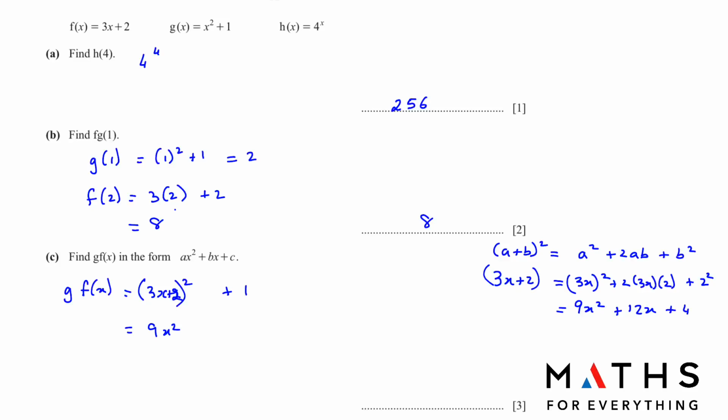So you have 9x squared plus 12x plus 4 plus 1, which will give us 9x squared plus 12x plus 5. If you don't remember the identity, you can just expand the bracket normally by writing it 2 times like this.